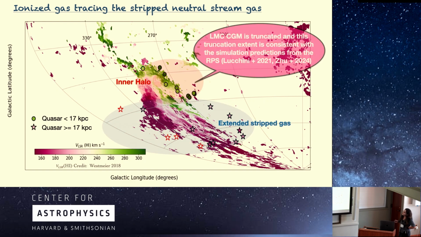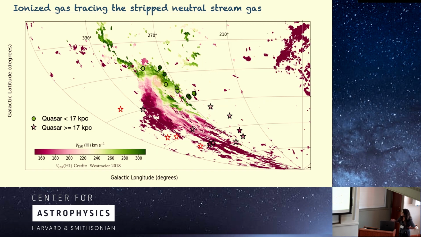In the background, we show the H1 emission velocity map from Westmeyer. For the sight lines less than 17 kpc, we show them with circles, and for the sight lines beyond 17 kpc, we show them as stars.